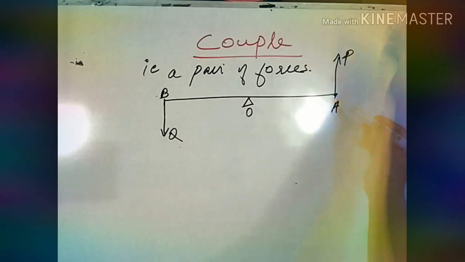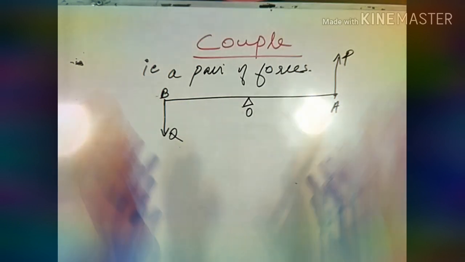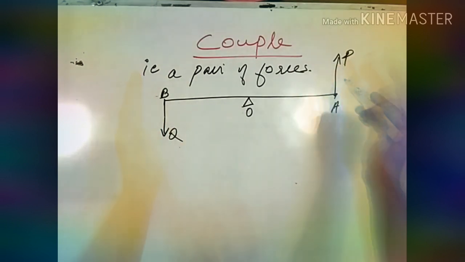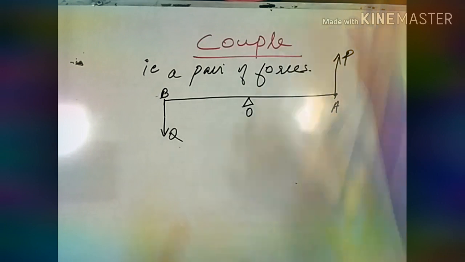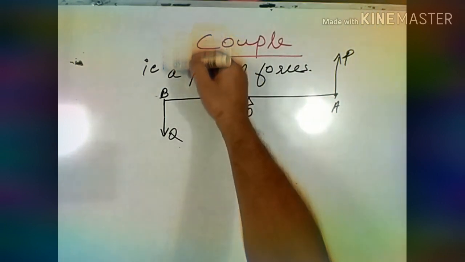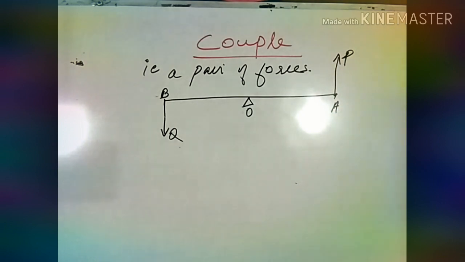Force P is acting upward, Q is acting downward. So what are the characteristics of these forces? P and Q are equal in magnitude, opposite in direction, and their lines of action are not the same.